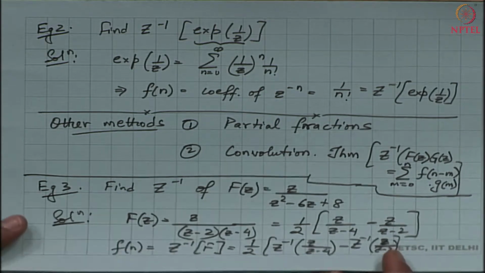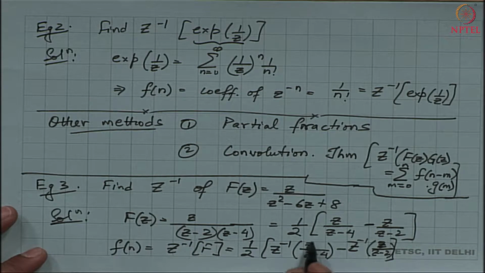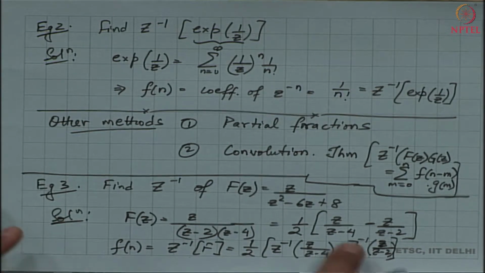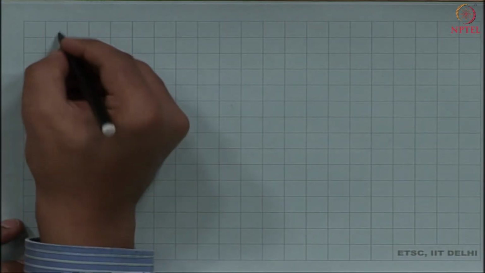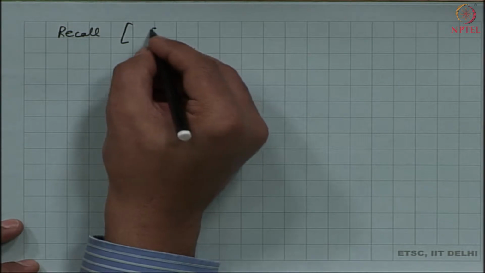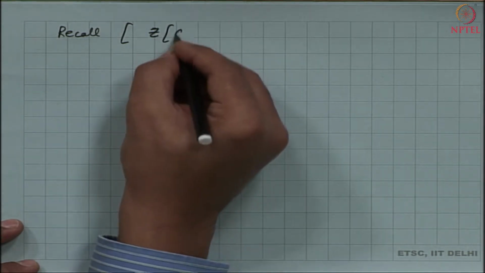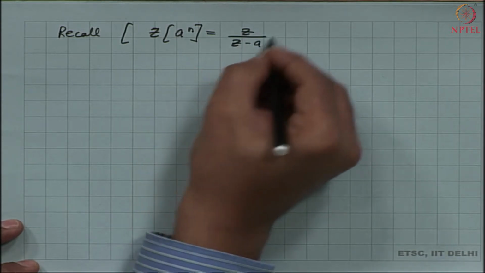Now, students should recall that the inverse transform of z divided by z minus a will be a to the power n. So, what I am trying to recall is the following result: the Z transform of a to the power n is z by z minus a.